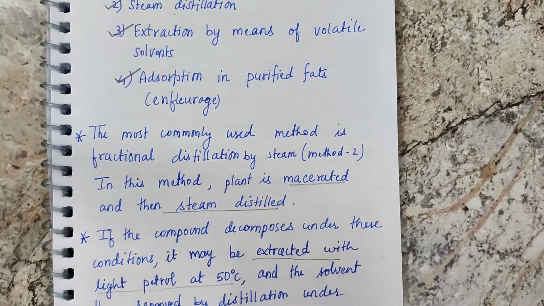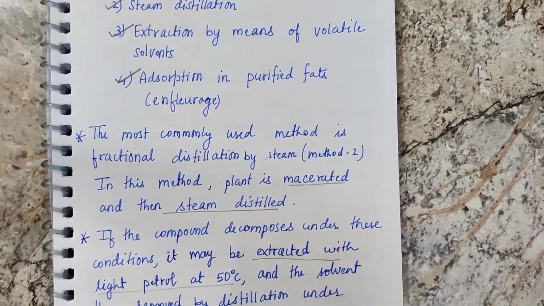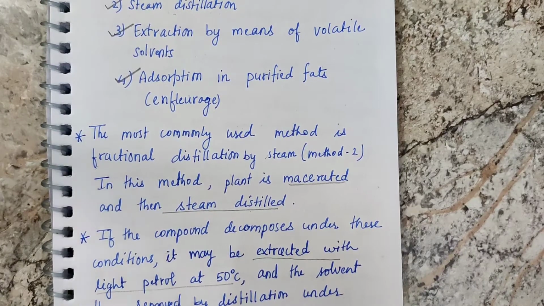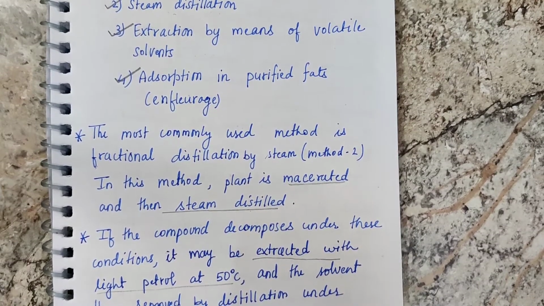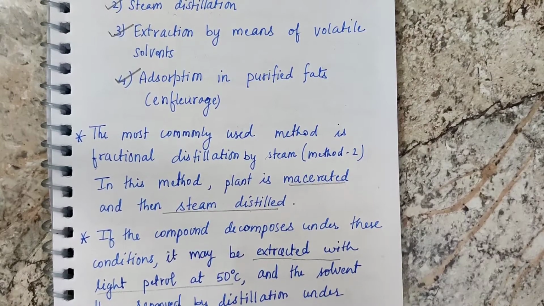Instead, you're providing a lower temperature, but you're reducing the pressure. Due to the reduced pressure, the solvent, in this case your petrol, gets evaporated at a lower temperature than its boiling point.